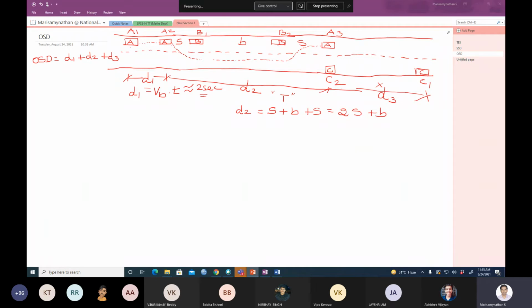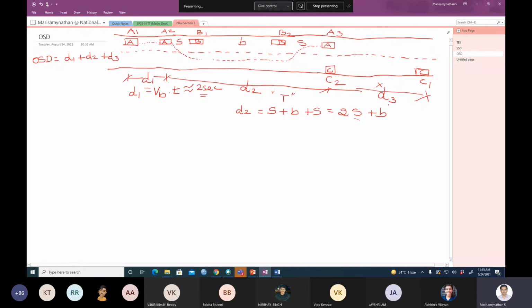Yes, S plus B plus S, 2S plus B. So this is the distance for D2. So they have estimated it. What the values of S and B are, we will see once again.